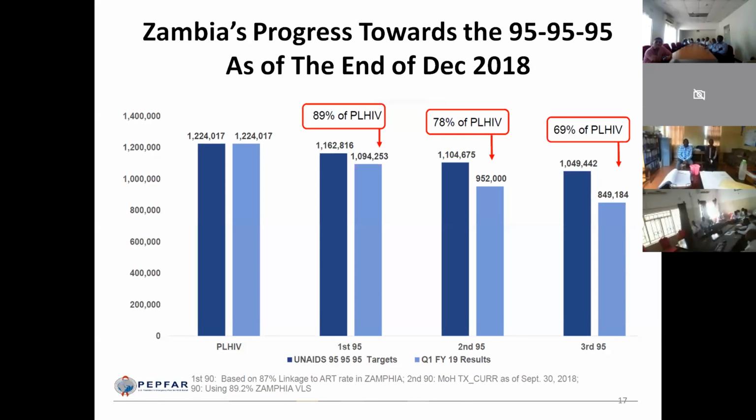That's a gap of 370 or 375,000 people living with HIV who either didn't have a viral load test done, or have a viral load that's not suppressed. That's between 300 and 400,000 people with non-suppressed viral load.